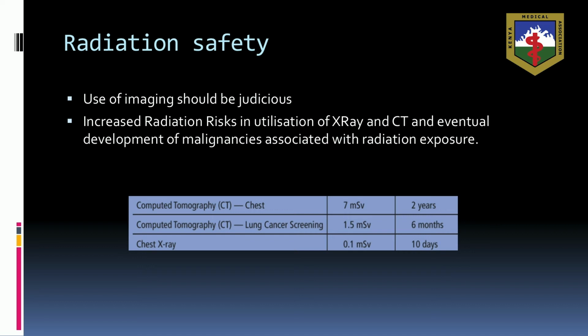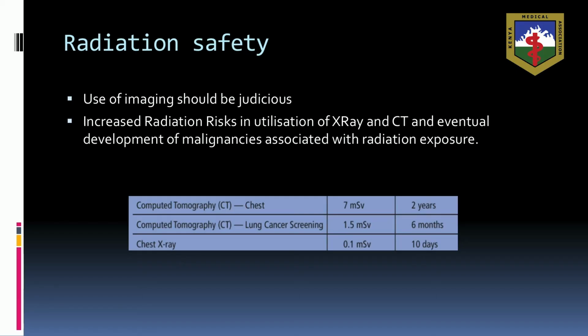Because remember, you have an increased radiation risk in the utilization of X-ray and CT with eventual development of malignancies associated with radiation exposure. If you look at this from the American College of Radiology, you can see the comparison. With a CT chest, you have 7 millisieverts, whereas a chest X-ray, which also exposes you to radiation, is 0.1.